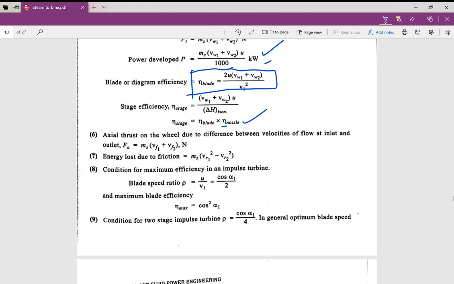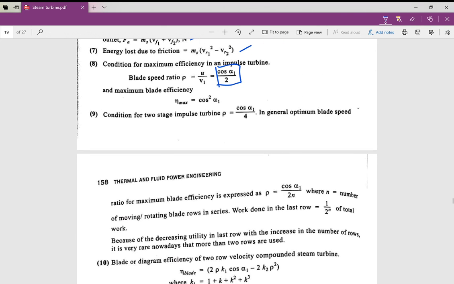This nozzle efficiency will be given separately, otherwise you can calculate it. Then axial thrust in newtons, energy loss due to friction, and the blade speed ratio for maximum blade efficiency in an impulse turbine, whose condition was already given.